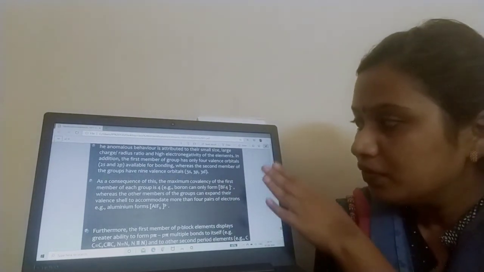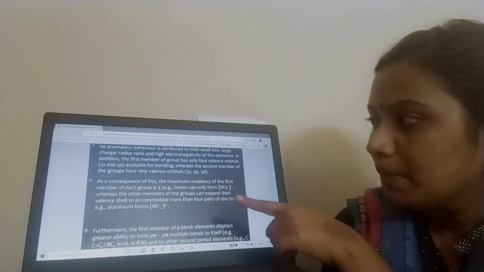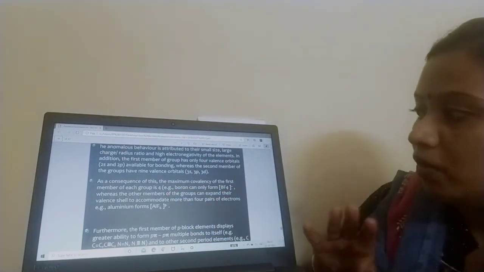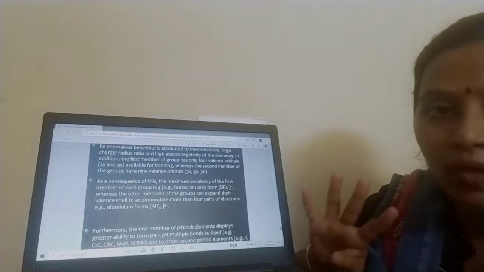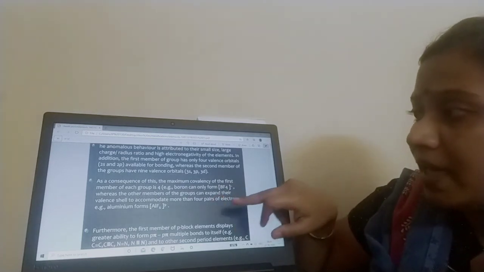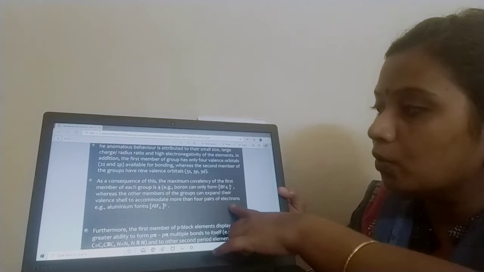Because of this, when we look into the covalency of the first member of the group, for example boron can always form a coordination bond or covalent bond with 4 fluorine atoms, that is BF4 minus, while other members can expand their valence shell, so they can accommodate more than 4 pairs of electrons.